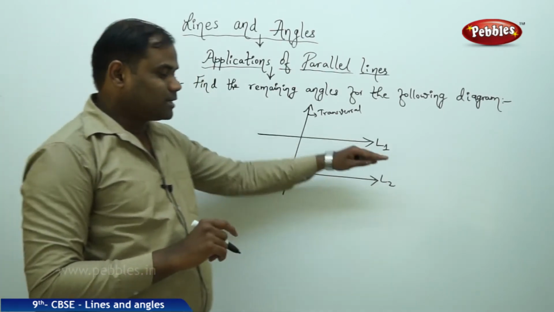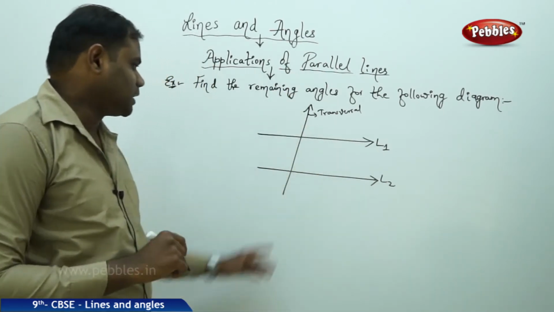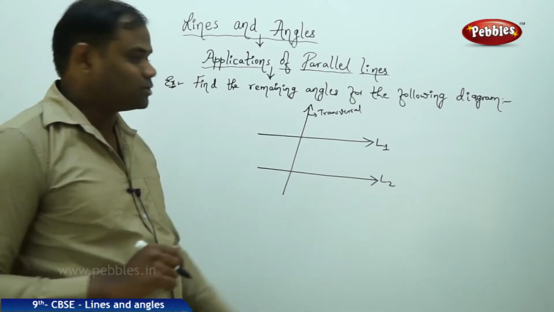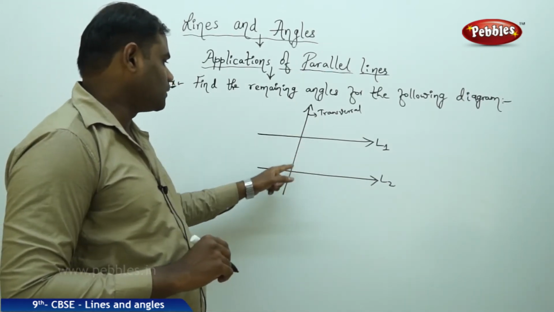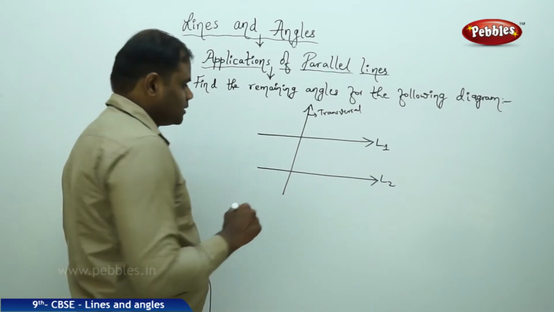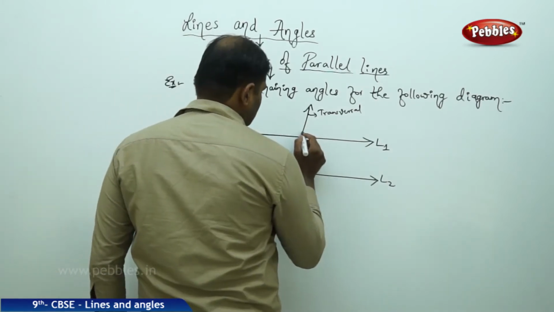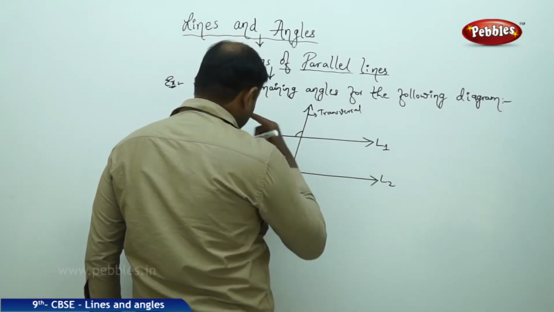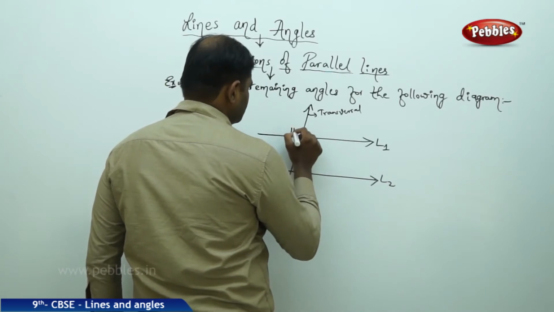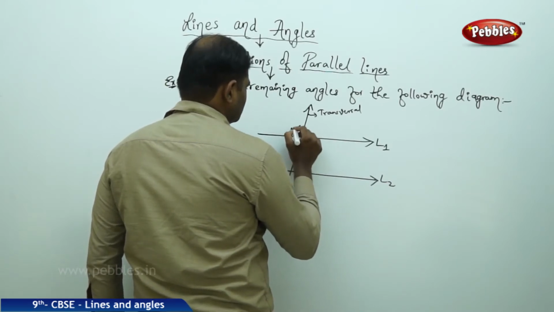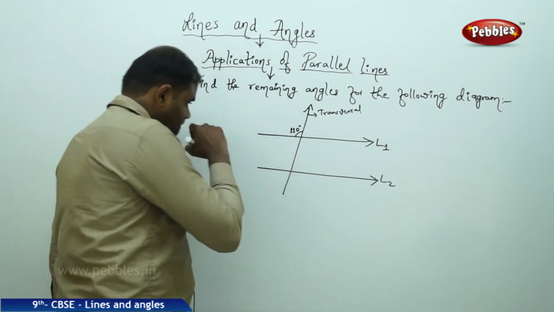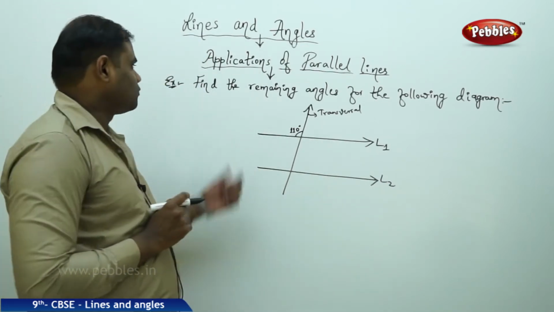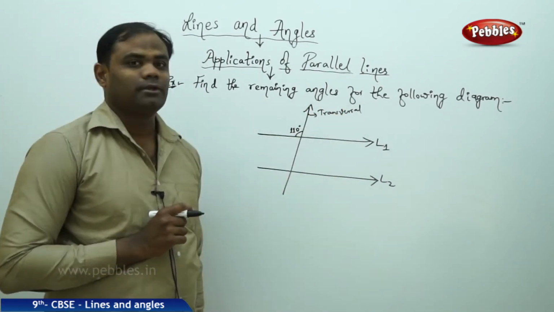Now with the given lines L1 and L2 and the transversal which cuts the lines L1 and L2 at two distinct points, let me say I have an angle out here which is given to be 110. Now my question is find the remaining angles for the following diagram.